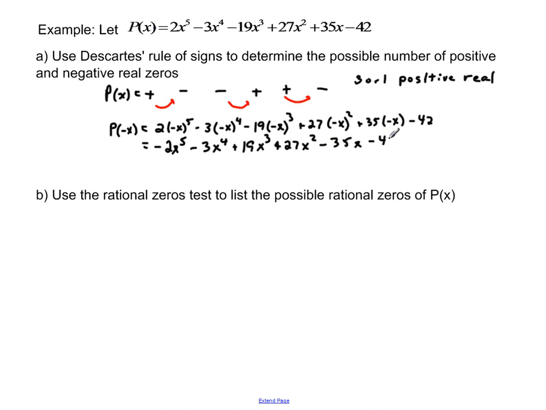So now we look at the sign changes here. We go from a negative term to a negative term to a positive term. There's one sign change. Positive to positive, positive to negative. There's a second sign change. Negative to negative, no more sign changes. So we will have two sign changes, indicating that it's either equal to that number of sign changes or less than that by an even number, that is 0 negative real zeros.